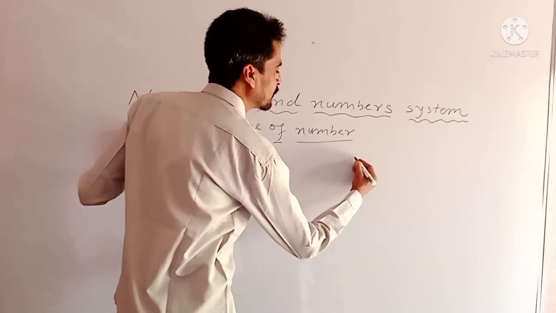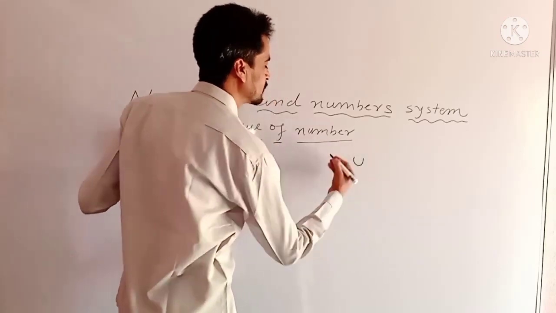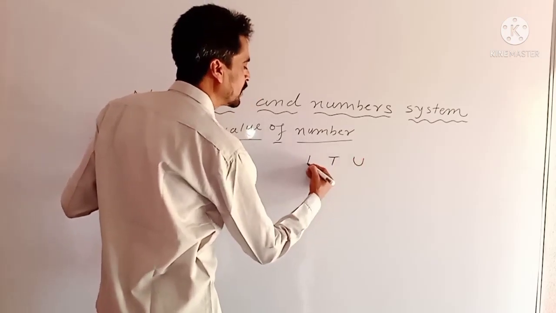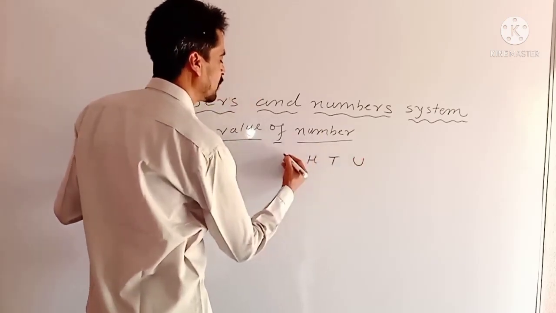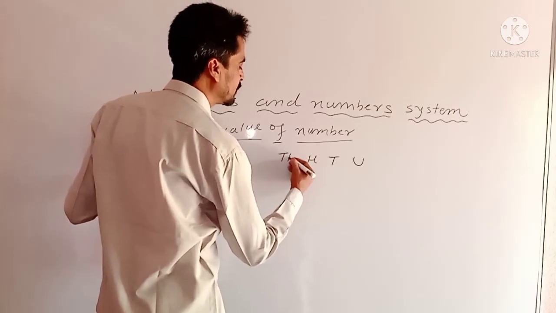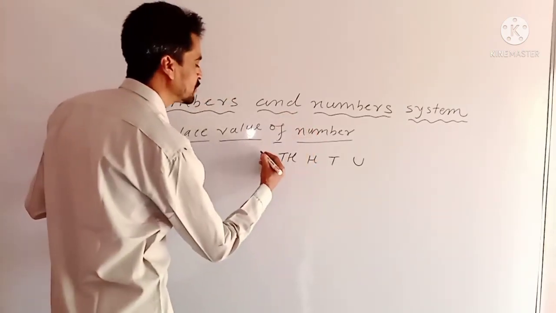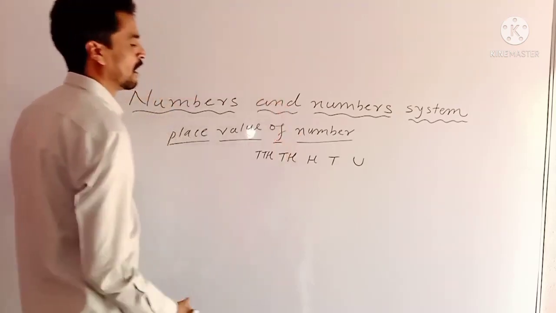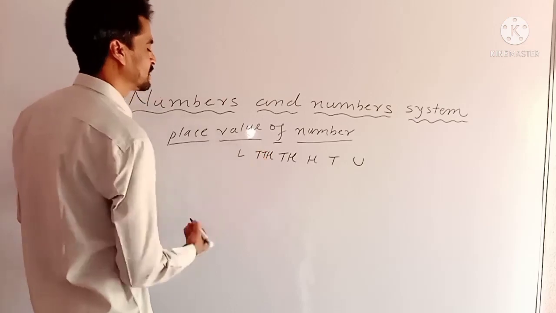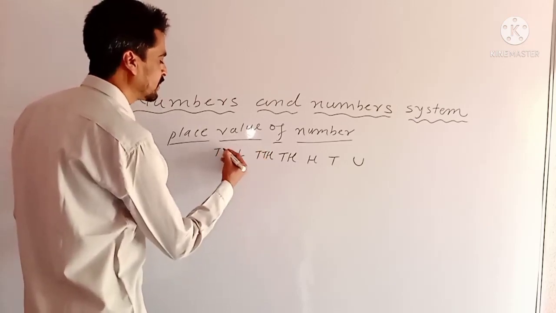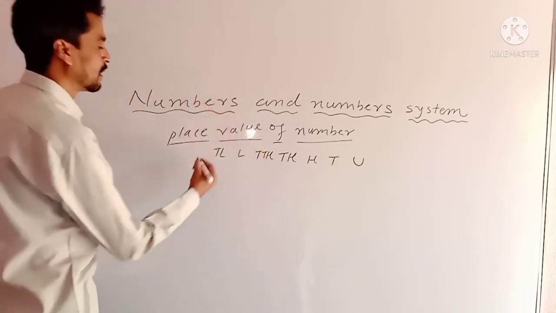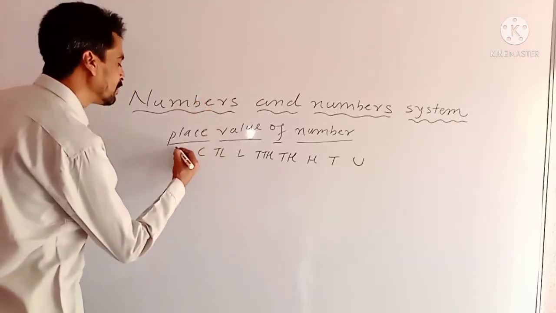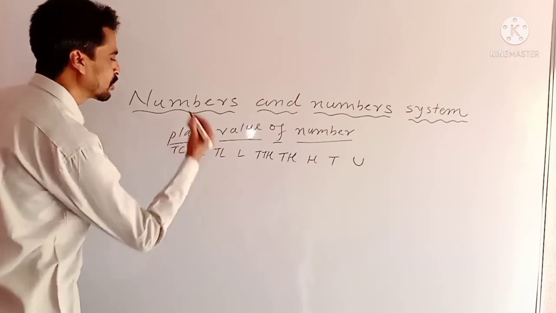A number which is on the units place, on the tens place, on the hundreds place, on the thousands place, on the 10,000 place, on the lakh place, on the 10 lakh place, on the crore place, and on the 10 crore place.